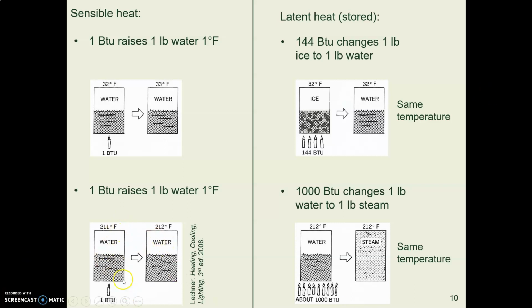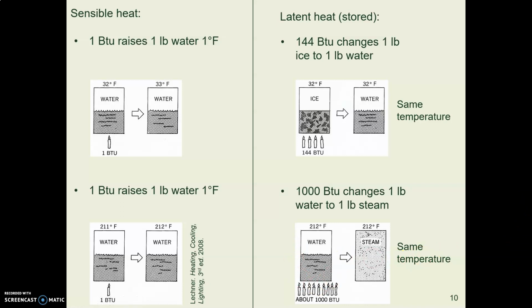Looking in the bottom of the screen, if you have water that's almost boiling, it's 211 degrees Fahrenheit. It takes 1 BTU to raise that pound of water 1 more degree to 212, and now it's boiling. Now, in the lower right corner, let's take that 1 pound of water.